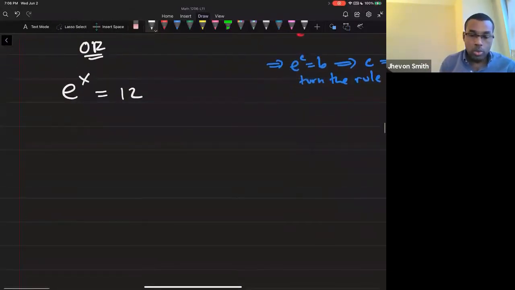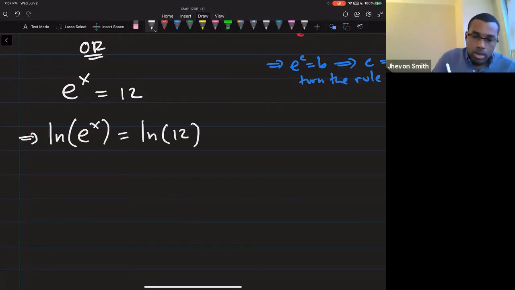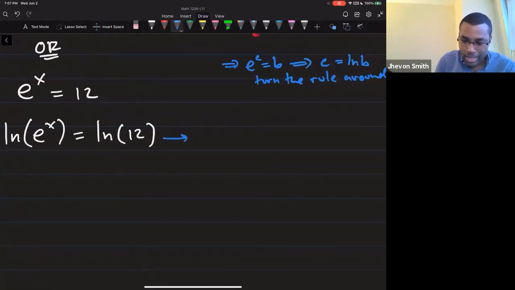If e to the x is equal to 12, then I'll get the same answer if I plug both of them into the log function because they're equal. So I can take an ln and throw both sides inside of an ln. Now this procedure, I will informally refer to as log both sides.